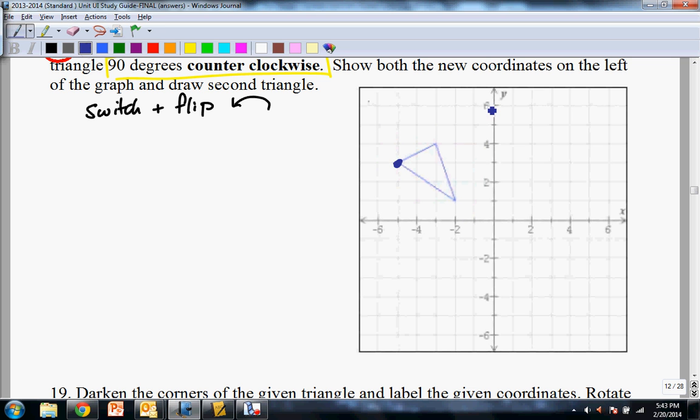So let's first get our coordinates. Doesn't matter what letters or coordinates you use. I'm just going to use PQR. So we have P, and our P coordinate is negative 5, positive 3. Our Q coordinate is negative 3, positive 4.